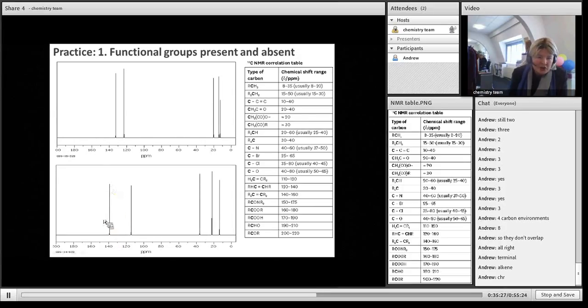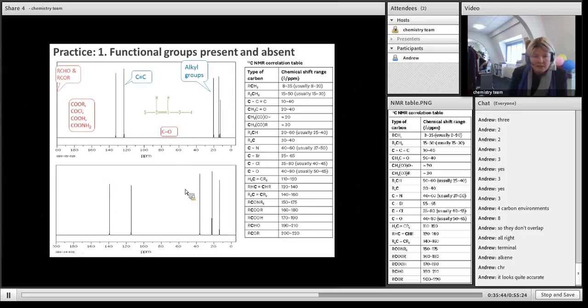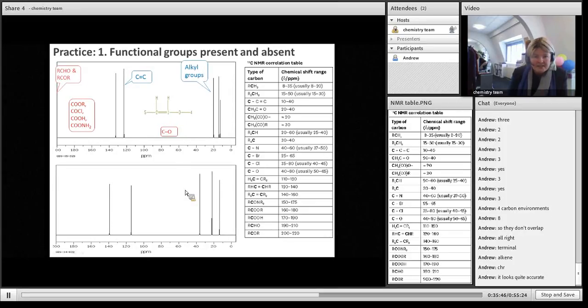This could go either or. It's most probably a CHR because a CR2 tends to be a bit higher. So going through the various things, those are the various areas, and you can see both of these are CHR.